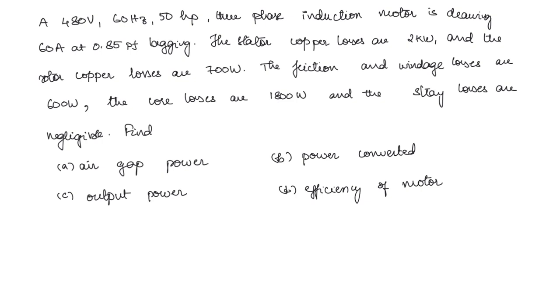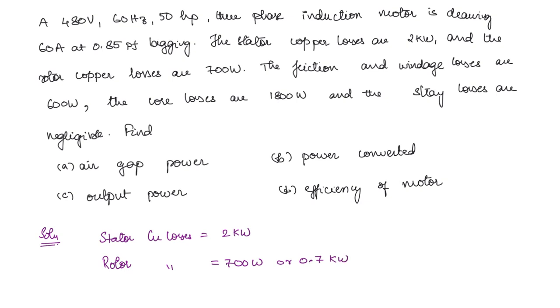Okay. So a few of the losses are given and we have to find some powers. First we will write down what are all the losses that are already given. So we have the stator copper losses. This is 2 kilowatt. And the rotor copper losses is given as 700 watt or 0.7 kilowatt.